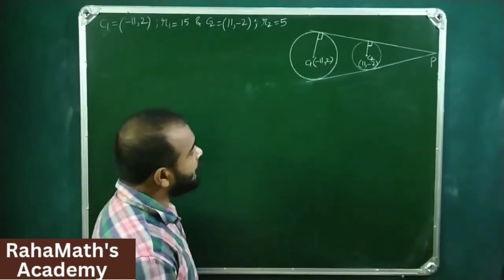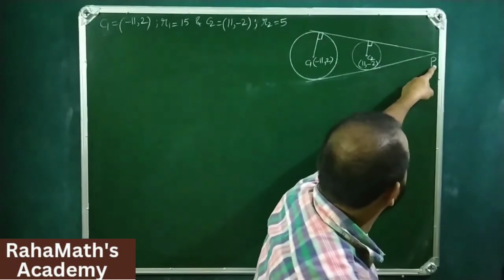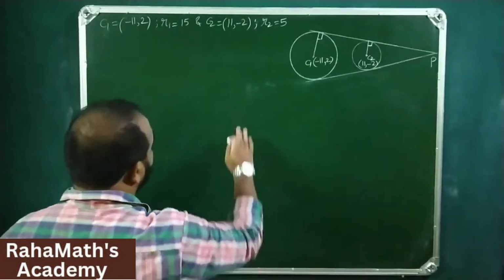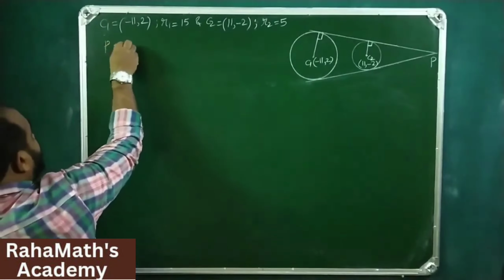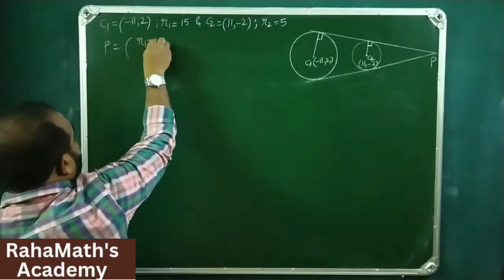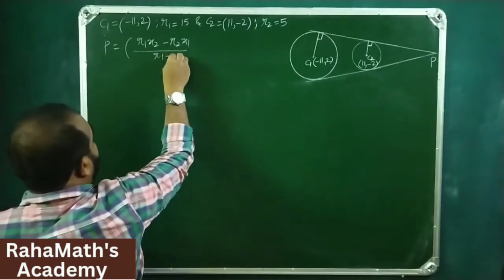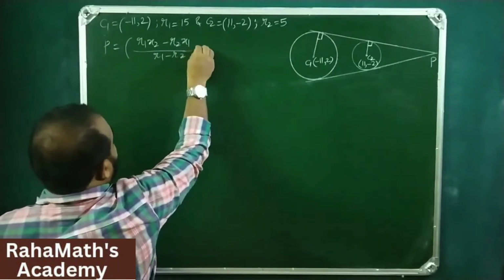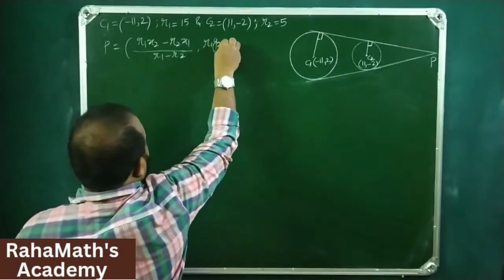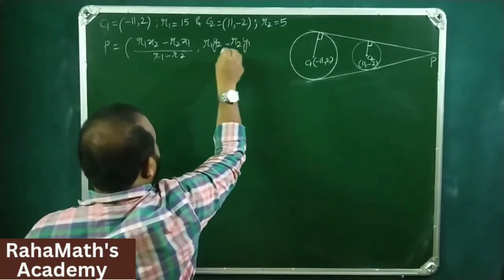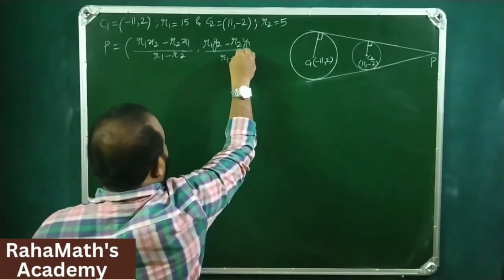So let us find the point of intersection of the two direct common tangents. P is equal to R1 x2 minus R2 x1 by R1 minus R2, comma, R1 y2 minus R2 y1 by R1 minus R2.